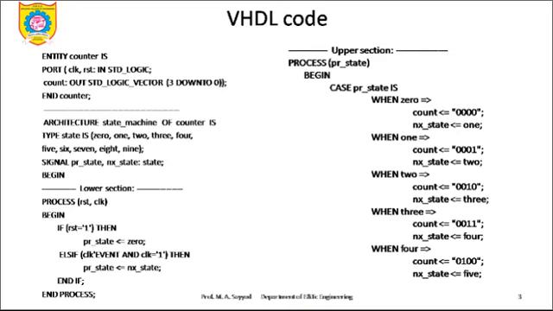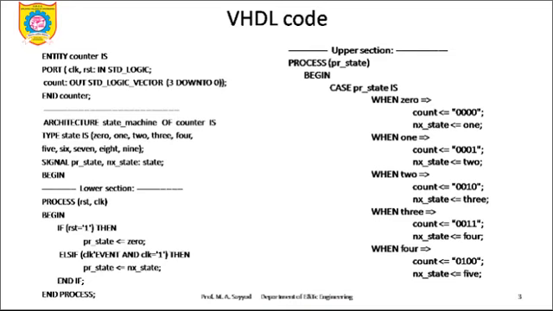But if reset is not applied, then whatever next state is calculated is to be assigned to the present state with every rising edge of clock. Hence the statement is written as elsif clock'event and clock is equal to 1, then present state is assigned the next state. End process. This is the lower section of your FSM.